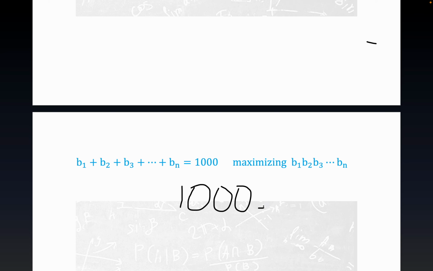Equals to. If you divide this down and then keep the idea of the 3s and the 2s, you could write this as 996 plus 4.